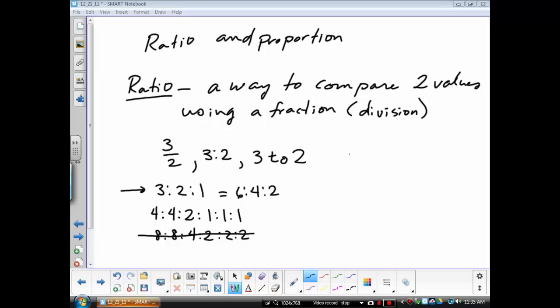A proportion is what happens when you state that 2 ratios are equal. So for example, when I say 3 to 2 is the same thing as 6 to 4, that is a proportion.